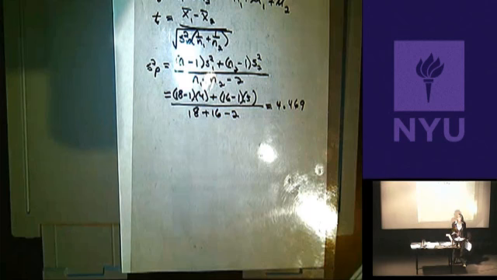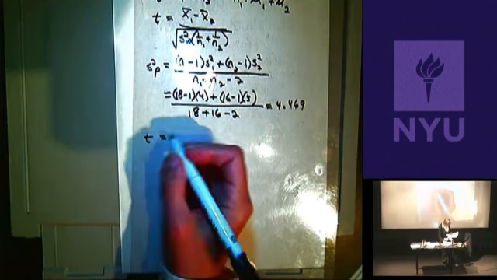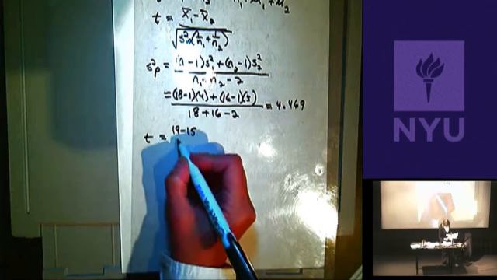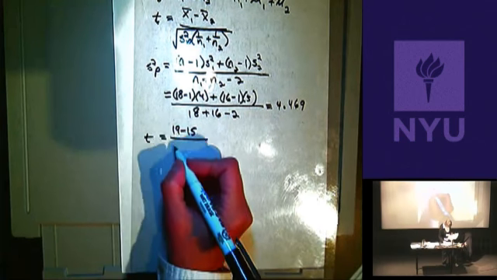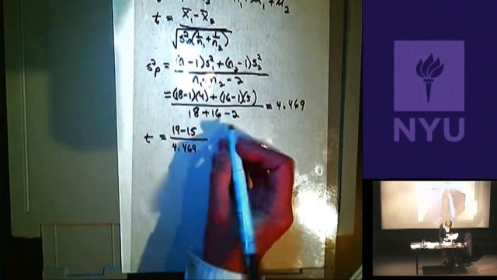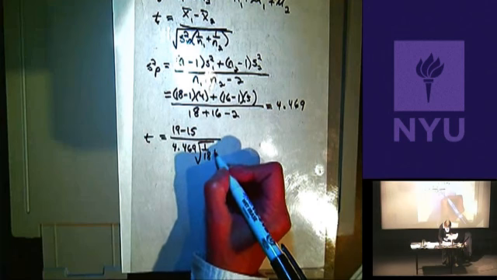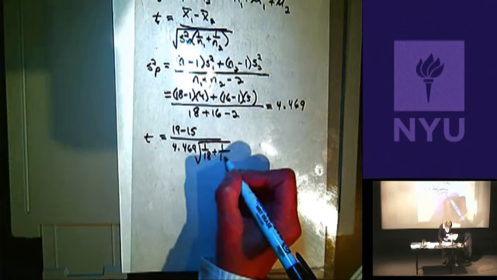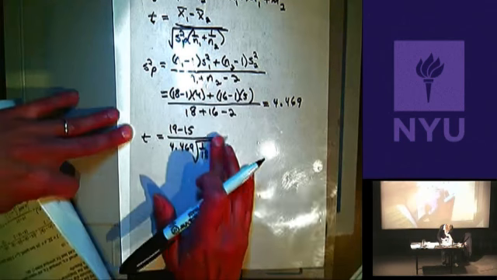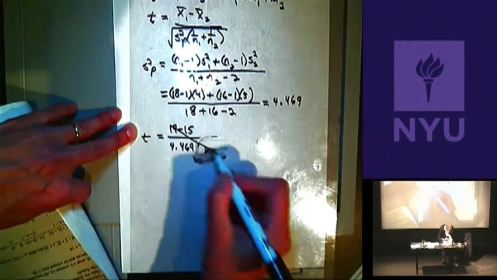Now you have to stick your pooled variance back into your T formula. Okay, question on where any of those numbers came from or anything? Okay. So now my T is going to be 19 minus 15. Those are my means. This is my pooled variance times 1 over n1 plus 1 over n2. Ugh, sorry, I did that wrong. You know what? I'm going to rewrite it. I hate not having an eraser.